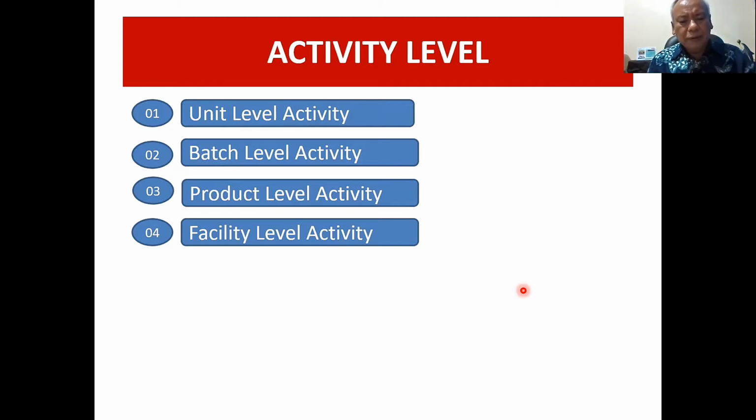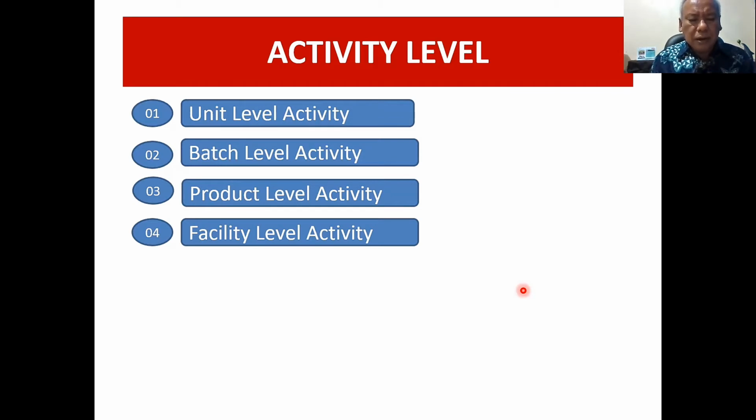For example, in the first hour the production is 1,000, the second hour might be 900 units, and the third hour maybe 1,200 units. So each hour might have a different number of units produced. So the number of inspection activities is a batch level activity. The driver we call the batch driver.